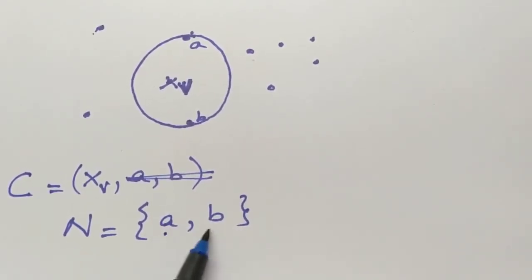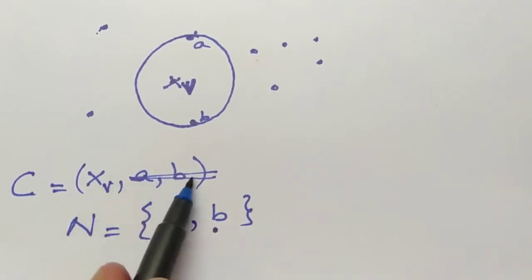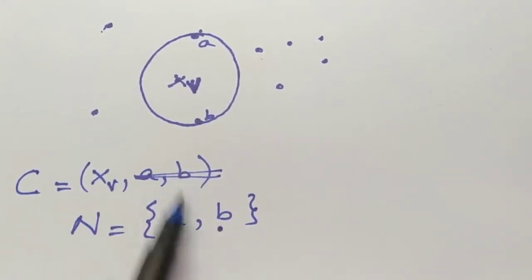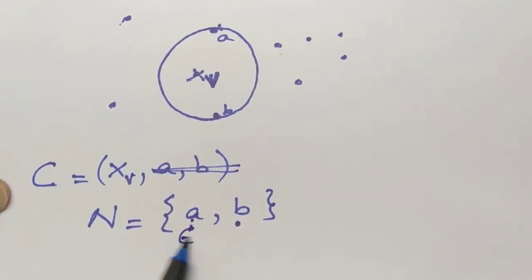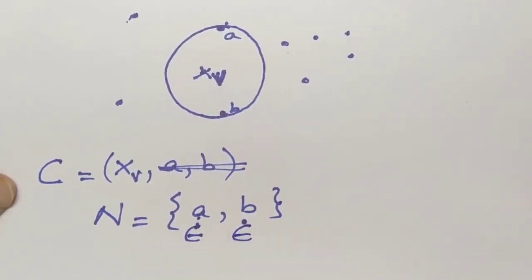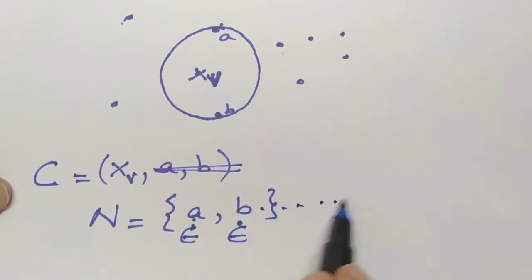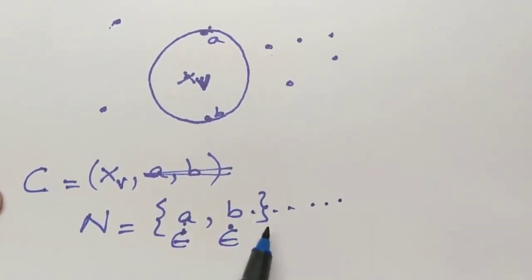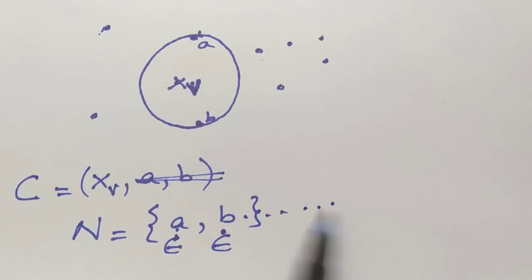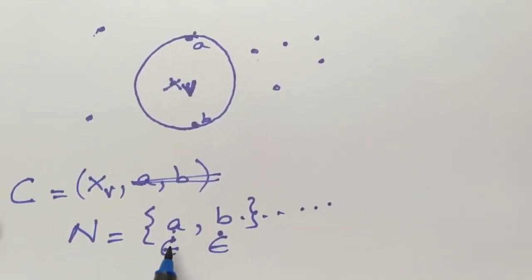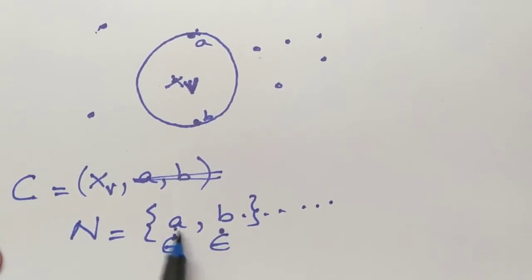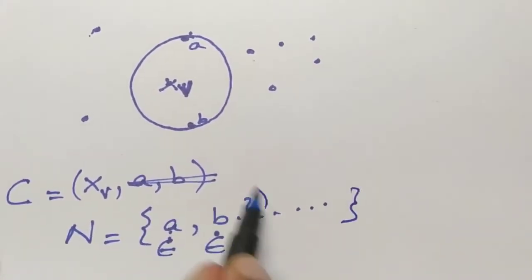If these points are already visited, they cannot be added to C. If they are not visited, they can be added to C. And then find the epsilon neighborhood of A, find the epsilon neighborhood of B, and add them also to N, till there is nothing more that can be added to N. And then find all the points inside N which are not visited and add them to the cluster.